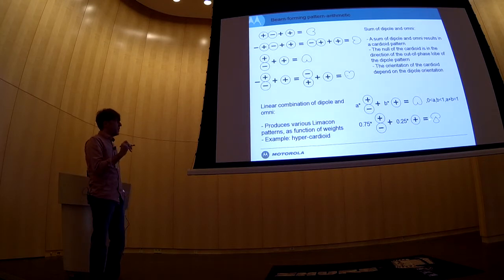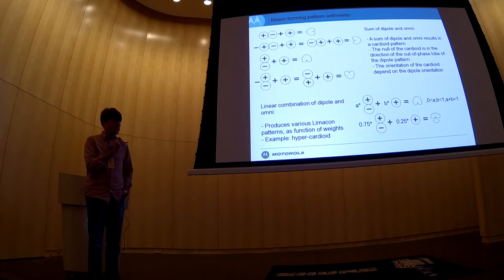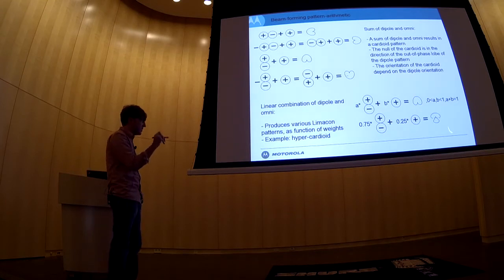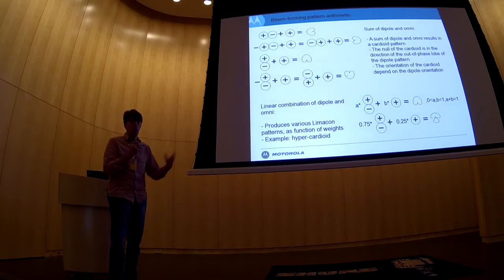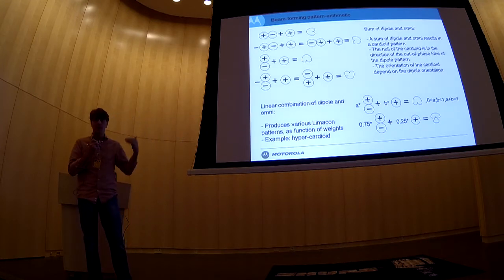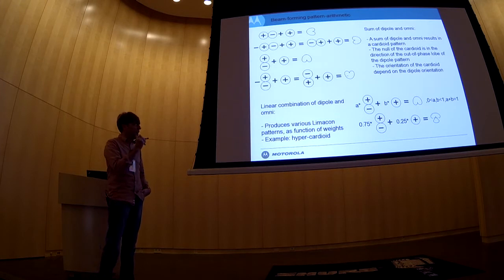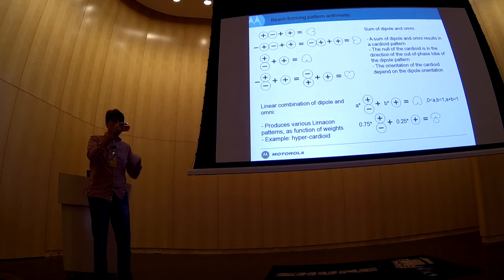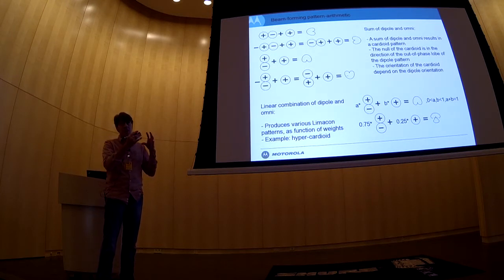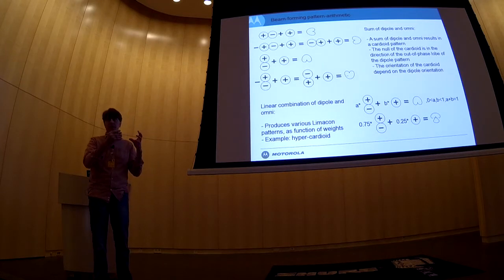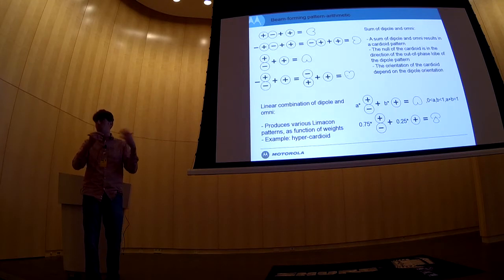This is supposed to be a hypercardioid, but it wasn't drawn very nicely, but this is the formula for a hypercardioid. And intuitively, if we go back and look at the formula in the previous slides, we will see that we had a cosine term plus another term that could be either one or something else, depending on the time delay that we introduced in the system, and as a result of that, we were able to produce various limaçons.